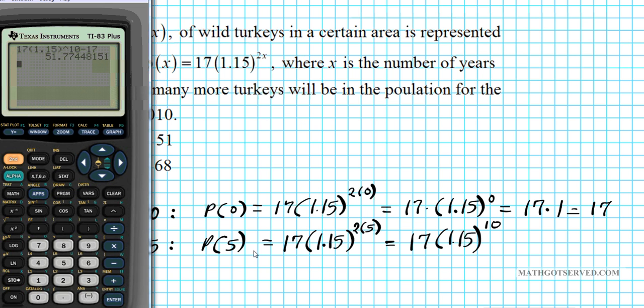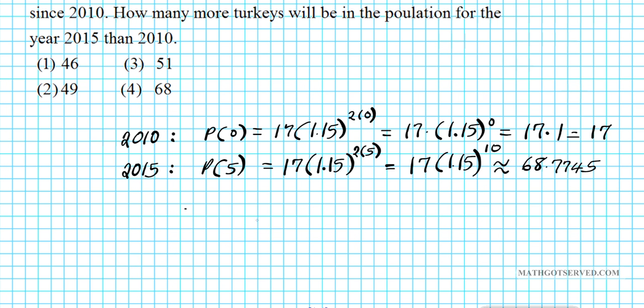Well, let's just do this to make everything nice. Let's show our work here. For 2015, the answer is 68.7745. So this is approximately 68.7745. So let's answer the question.